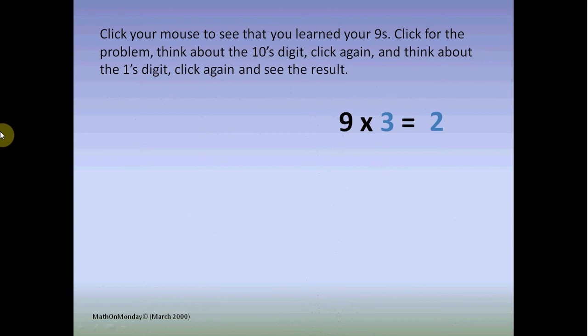What two numbers add to 9? There you go. 9 times 3 is 27. 9 times 7 is 63. Remember, you can pause and see if you can think about what's ahead. Here you go. Let's do the rest.